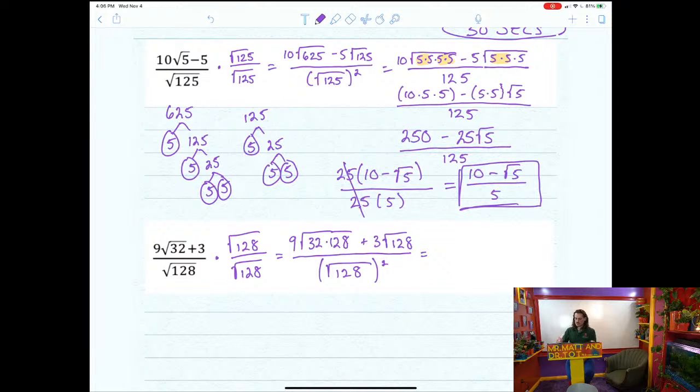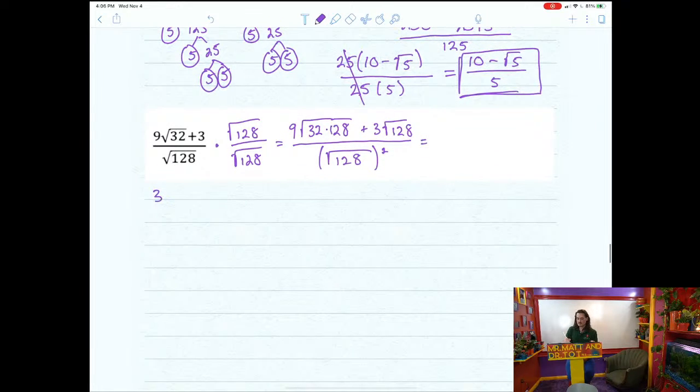So if I go ahead and think about those values, 32 is 2 times 16, which is 4 times 4, which is 2 times 2 and 2 and 2. So it looks like the first value is just a whole bunch of 2's, because notice 128 is divisible by 32.